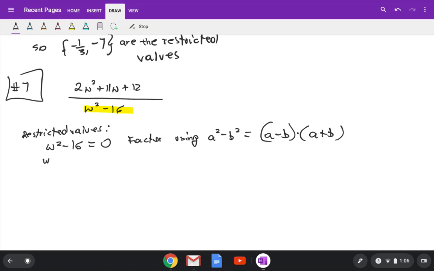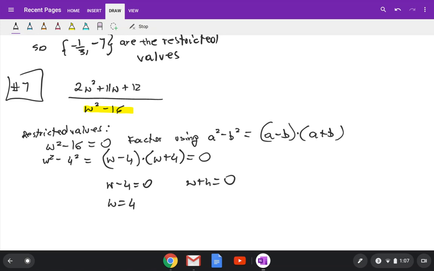So that becomes w squared minus 4 squared, which is w minus 4 times w plus 4, and that has to equal 0. When you have a product of two factors, you're solving two equations. w minus 4 equals 0, and w plus 4 equals 0. So w is equal to 4, w is equal to -4. Those two are the restricted values.